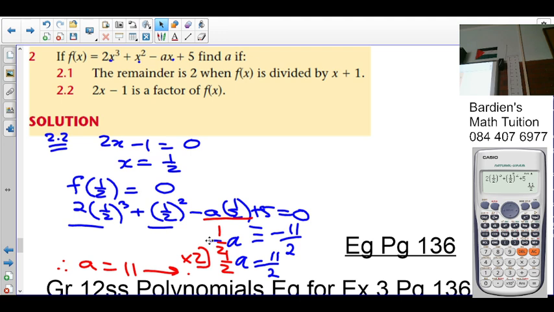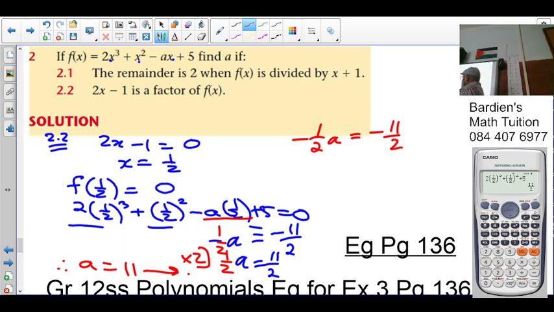Oh yeah, it's negative. So we have negative half a is equal to negative 11 over 2. Is that correct? Yes. Because this is going to be 11 over 2, I took it over, it becomes negative. Multiply throughout by 2, so a is going to be 11, not negative 11.